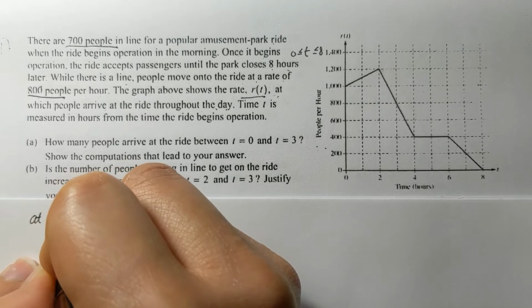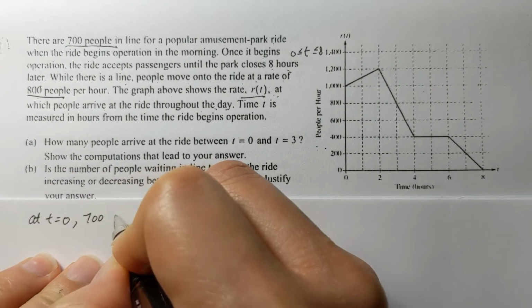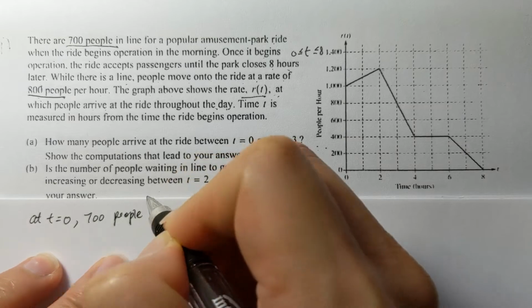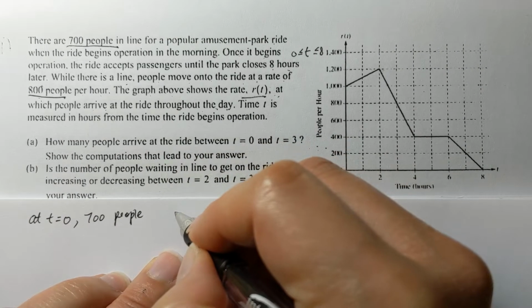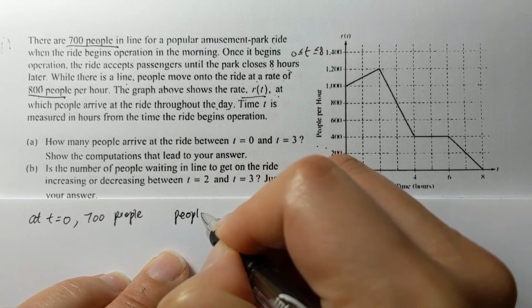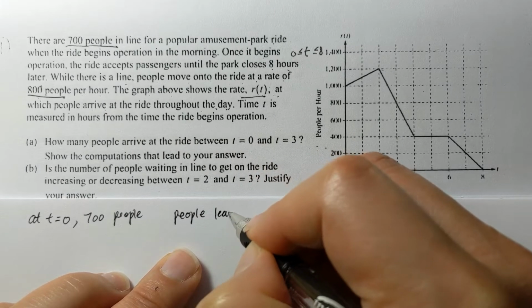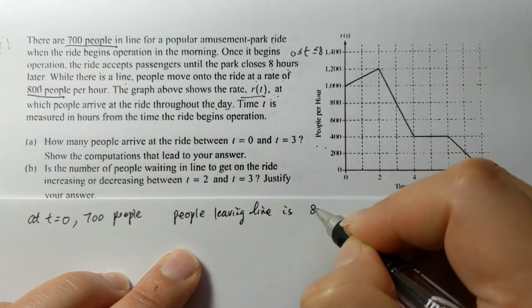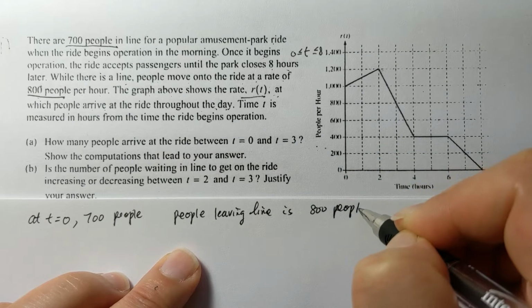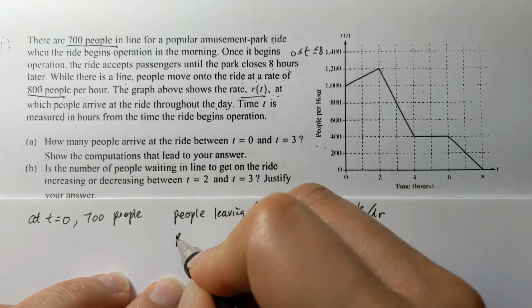So at t equal to 0, there are 700 people waiting already. That's an initial amount. So people leaving the line is 800 people per hour.